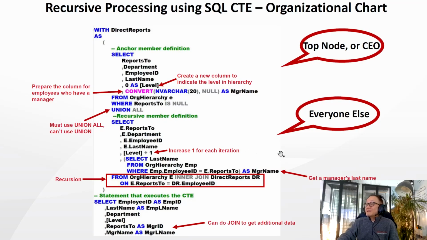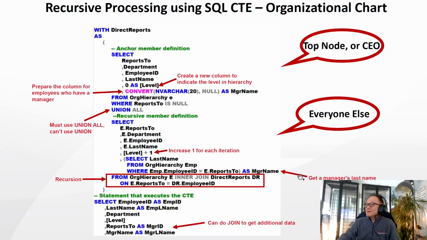In the second data set, when we traverse the graph for each iteration, we will increase level by 1. And we want to display a manager's last name instead of just the manager ID.